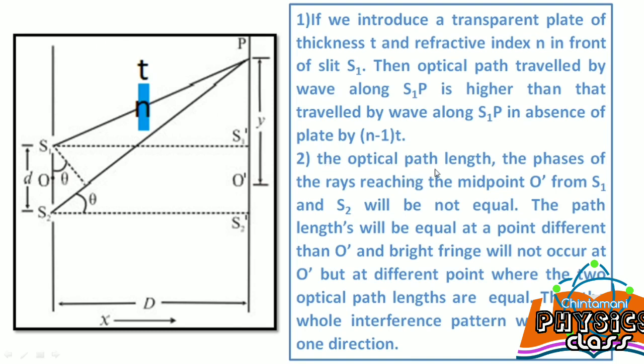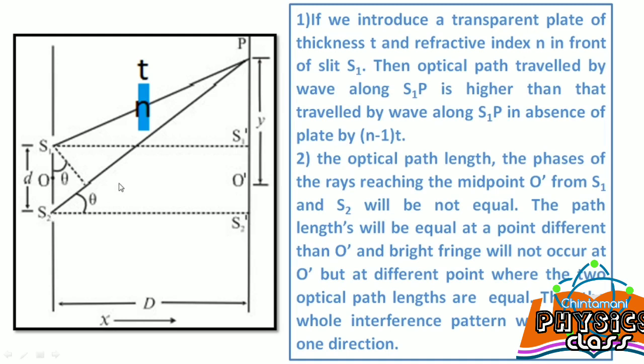The optical path lengths, and hence the phases, of the rays reaching the midpoint O from S1 and S2 will not be equal.